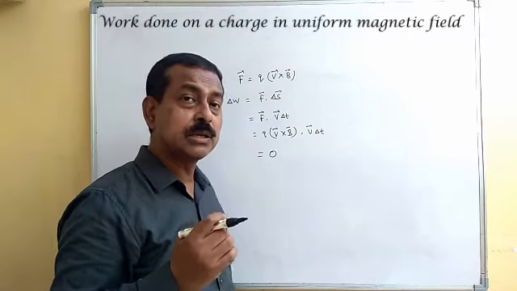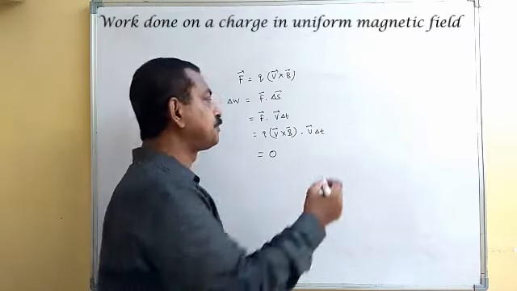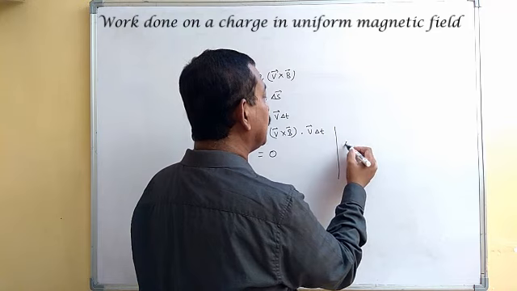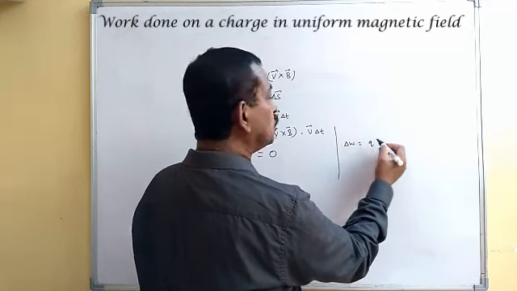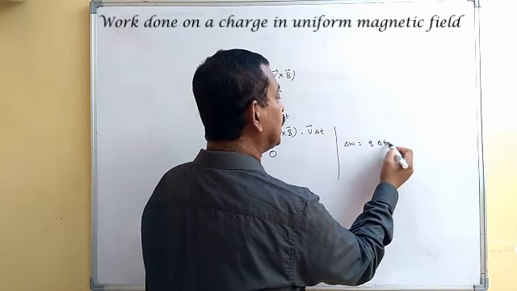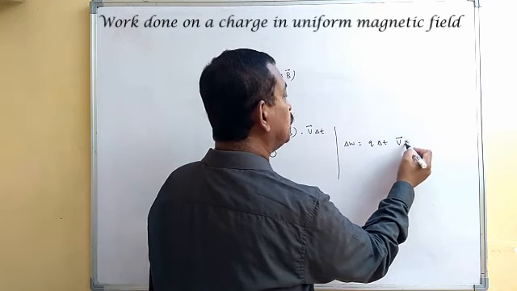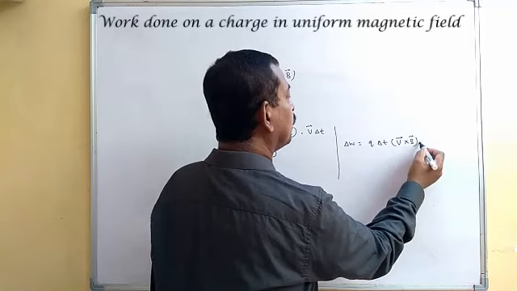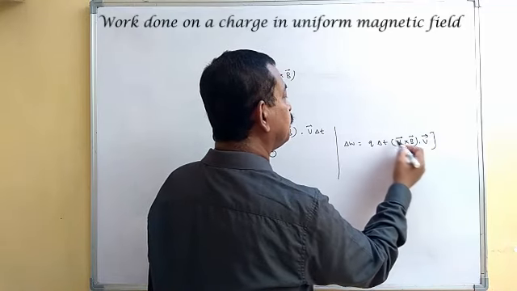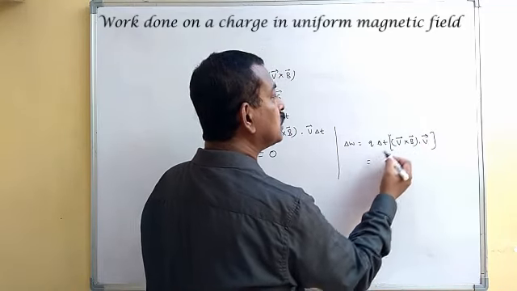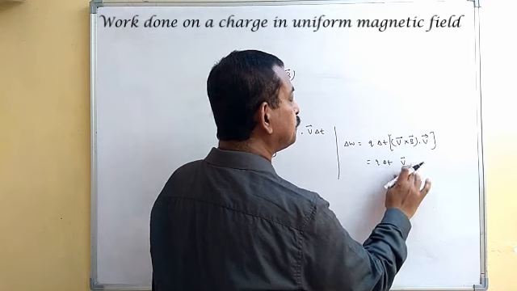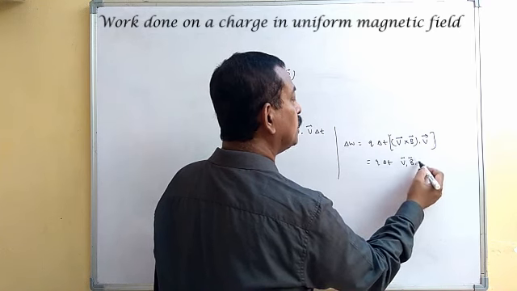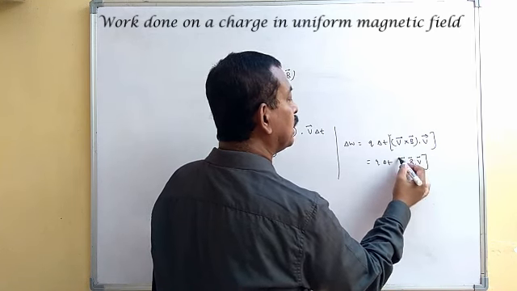This we can also get if you consider that delta W can be written as Q delta t, and now it is V cross B dot V. That means this is basically V B V, a scalar triple product.